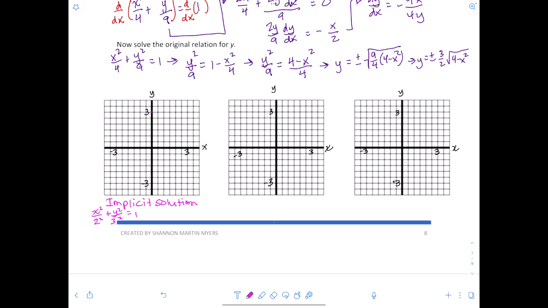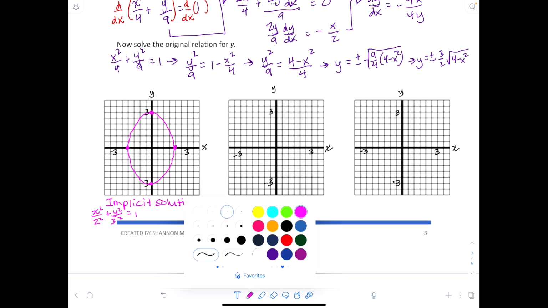So it's going to look like this. Cool. So that's our implicit solution.